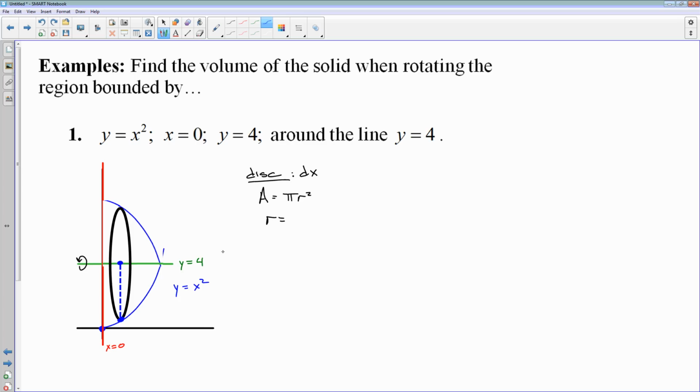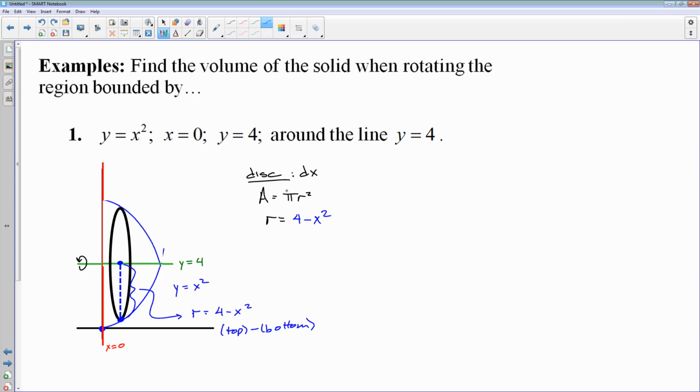So my radius here is going to be my top point on the line y equals 4 minus the bottom point on the curve y equals x squared. So there's my radius. You always do your radius as either a top minus bottom, or if it's a dy problem, it'll be a right minus left. So we did the top point minus the bottom point.